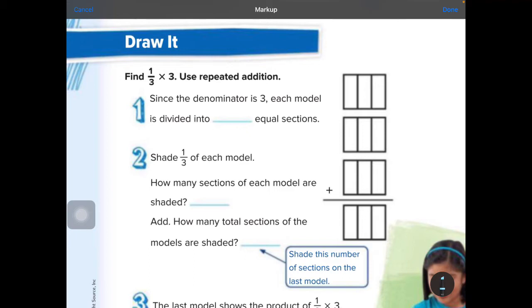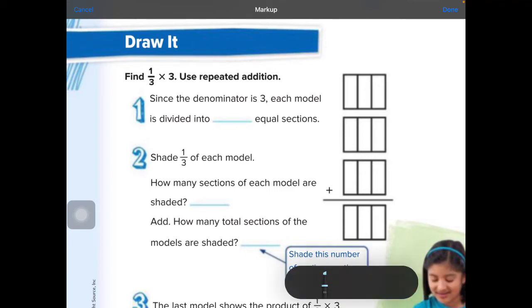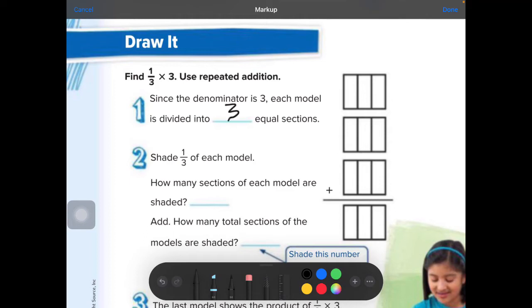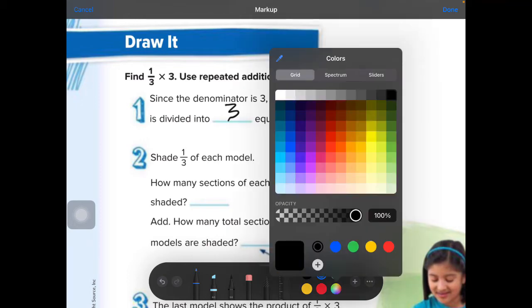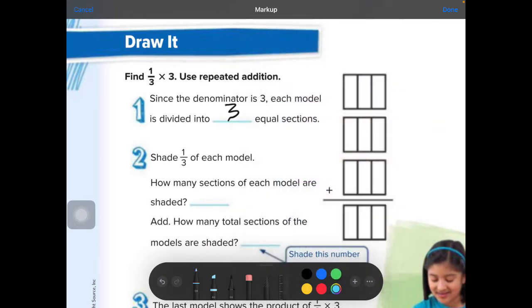Okay. Find 1/3 of 3. Use repeated addition. Since the denominator is 3, each model is divided into 3 equal sections, right? Now shade 1/3 of the model.